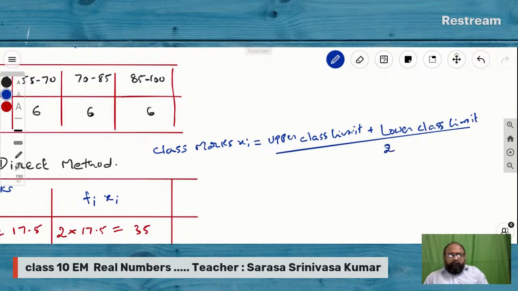We use this formula, class marks xi equal to upper class limit plus lower class limit by 2.